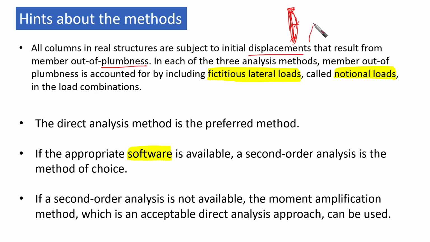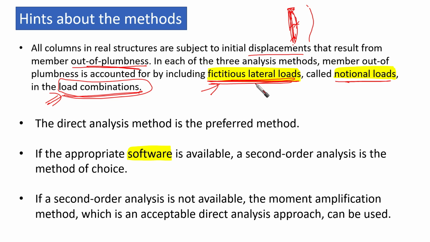Maybe it is having something like this. So this means that there is a kind of out of plumbness. In reality, in each of the three analysis methods, member out of plumbness is accounted for by including fictitious lateral loads, called notional loads, in the load combination. So all of them use the same concept in order to take into consideration out of plumbness. That's the idea.